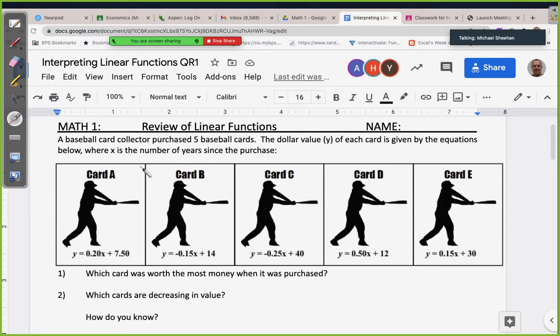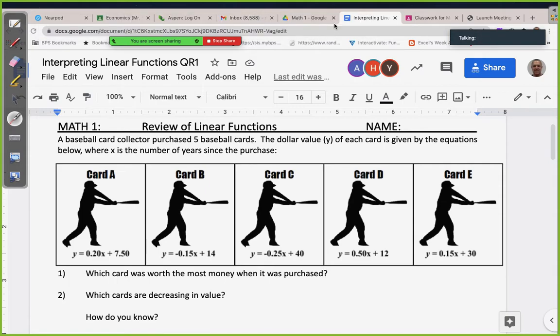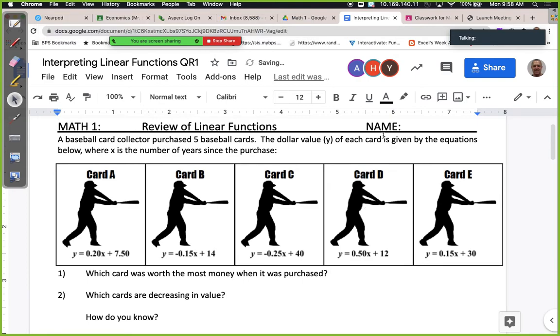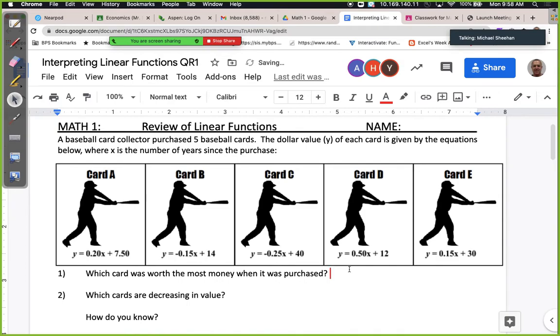So which card was worth the most money when it was purchased? It's this one right here. It had the highest y-intercept. So I am going to type in card A. I'm sorry, card C.